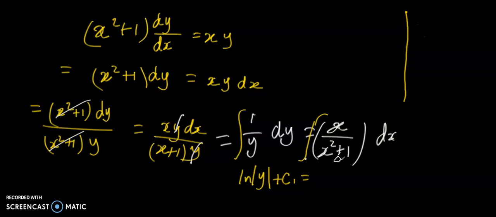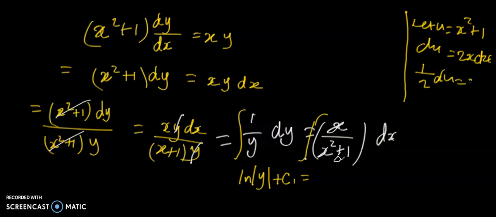If it is U substitution, we can let u be x squared plus 1, so that we differentiate this, so du will simply equal 2x dx, so that if we evaluate that, we have a half du equals x dx. For more on how to use U substitution, you can watch my previous video.